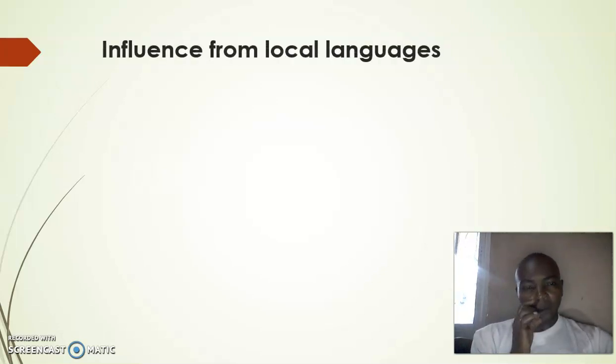So let's look at influence from local languages. What influence have local languages had on the English language? As we pointed out earlier, English has had a lot of influence from local languages, given that people who speak English also speak other languages.